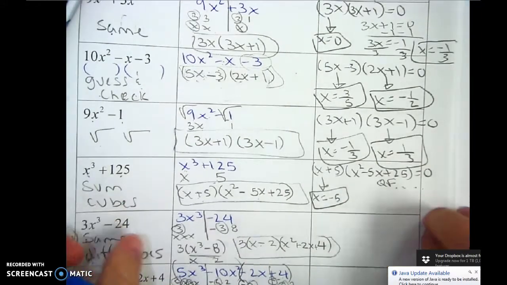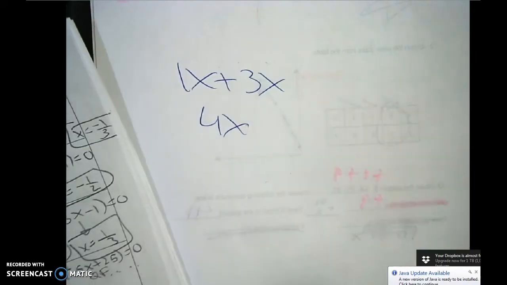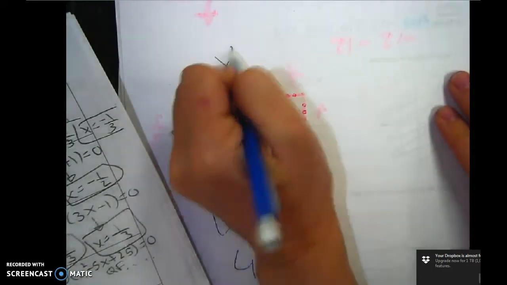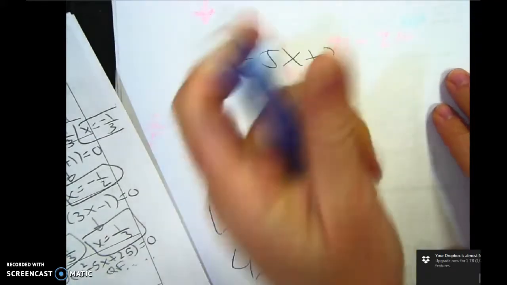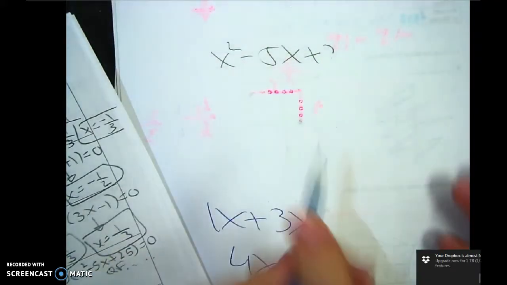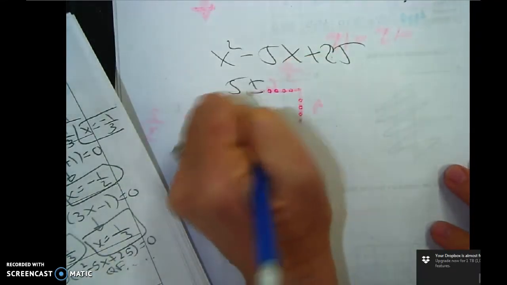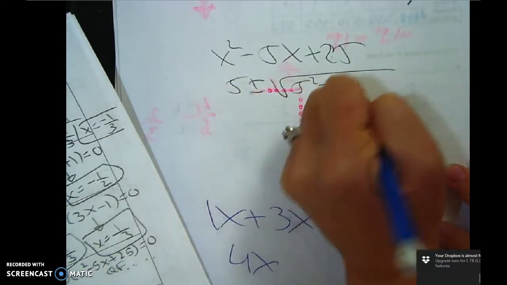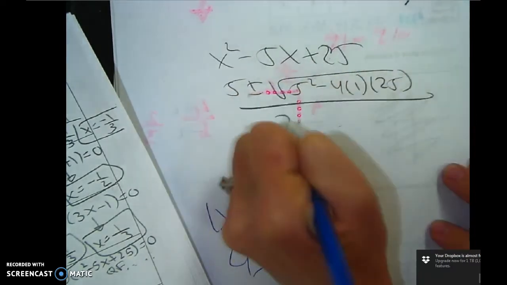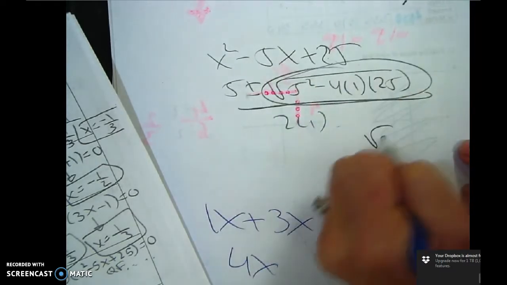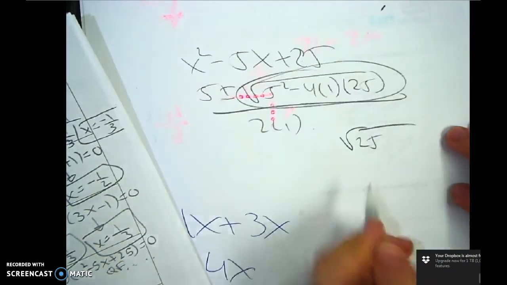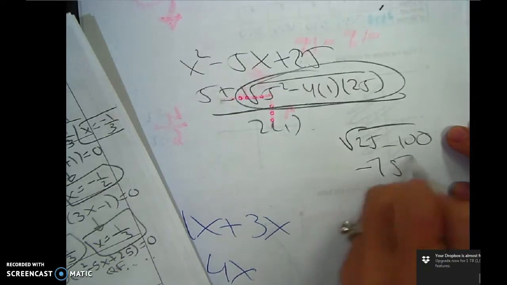So I'm going to show that on a separate piece of paper so I can take some space. Okay. So if I'm doing this problem, x squared minus 5x plus 25, and I'm going to do the quadratic formula, which for so many of you, this is no problem now. Simplify that. 4 times 1 times 25 is 100, -75.